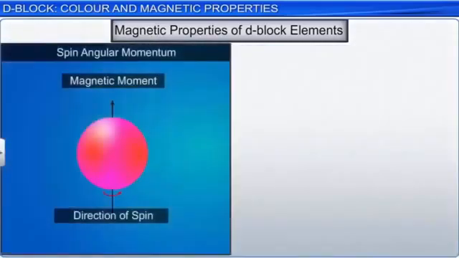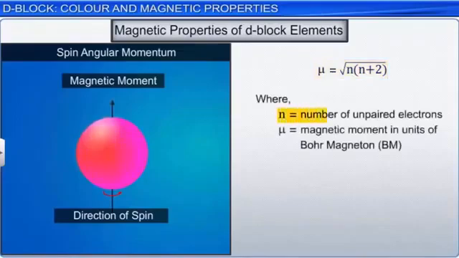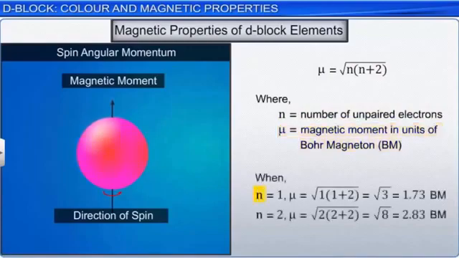Here, n is the number of unpaired electrons. When n is equal to 1, the magnetic moment is equal to 1.73 Bohr magnetons, and when n is equal to 2, we get 2.83. In case of iron, cobalt and nickel, the unpaired electron spins are much pronounced. As a result, these elements are much more paramagnetic than the rest of the elements.